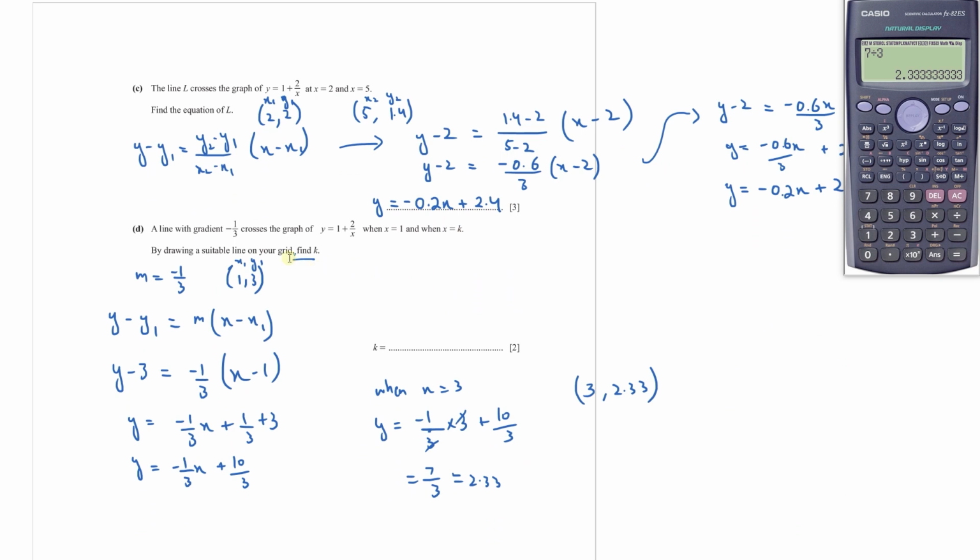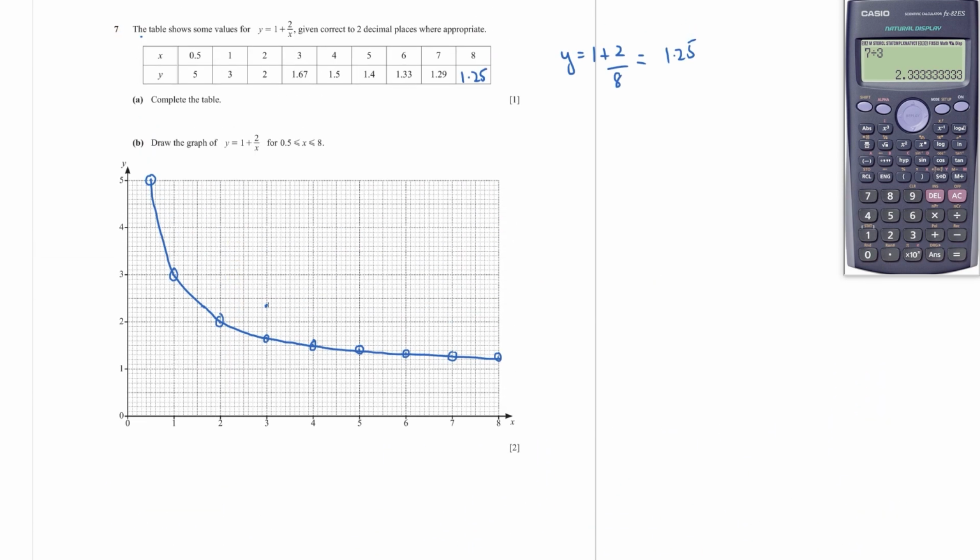The other quick method is you can simply go straight to the graph. You know the gradient is minus 1 over 3. So gradient is delta y over delta x, right? That means you go negative 1 in the y direction.